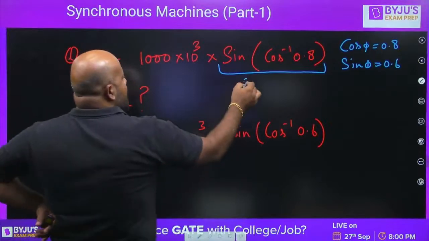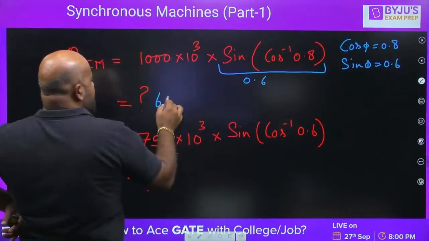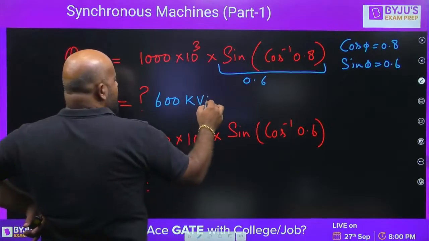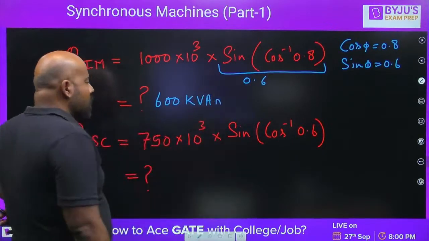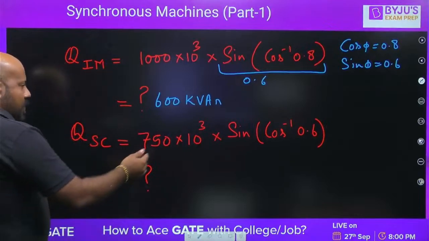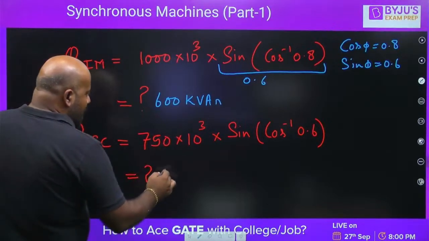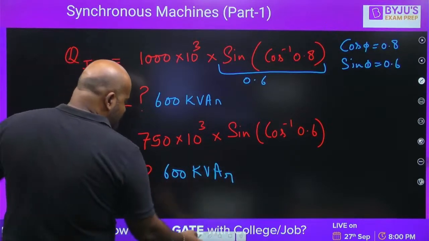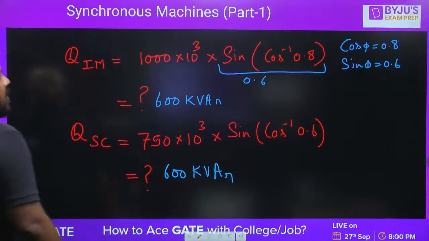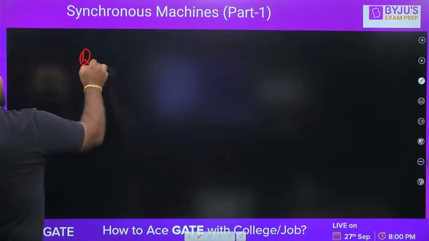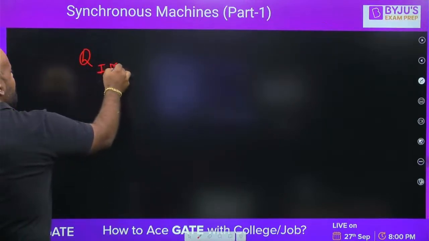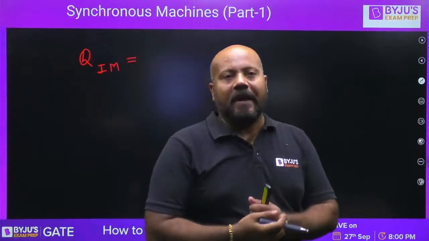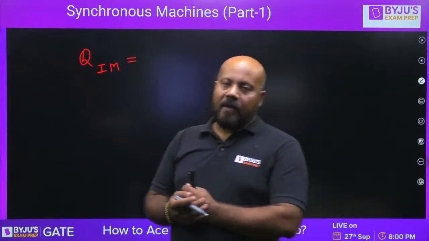So simply you can write here 0.6 and it is going to be 600 kVAR, kilovolt ampere reactive. If you simplify this, this will also give you 600 kVAR. Now it is a very interesting situation that the reactive power requirement of the induction motor is exactly met by the reactive power supplied by the synchronous condenser.